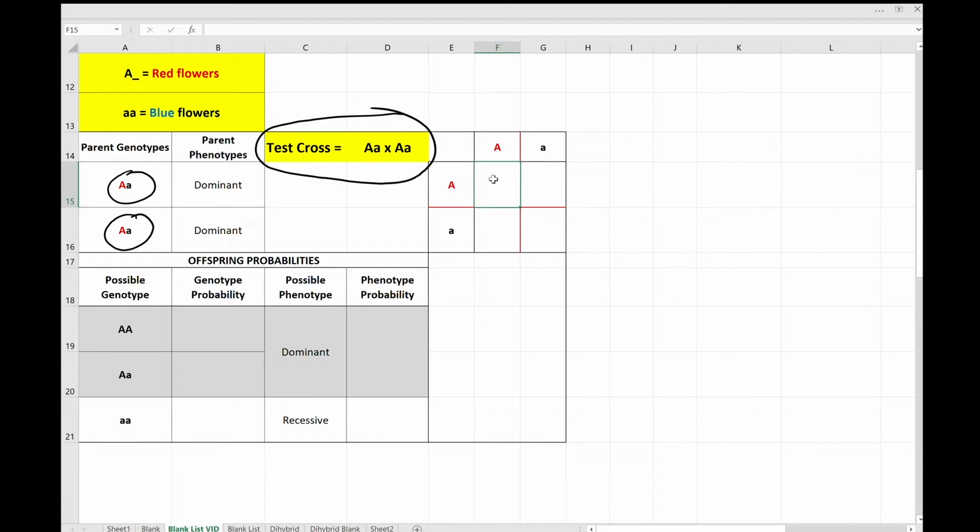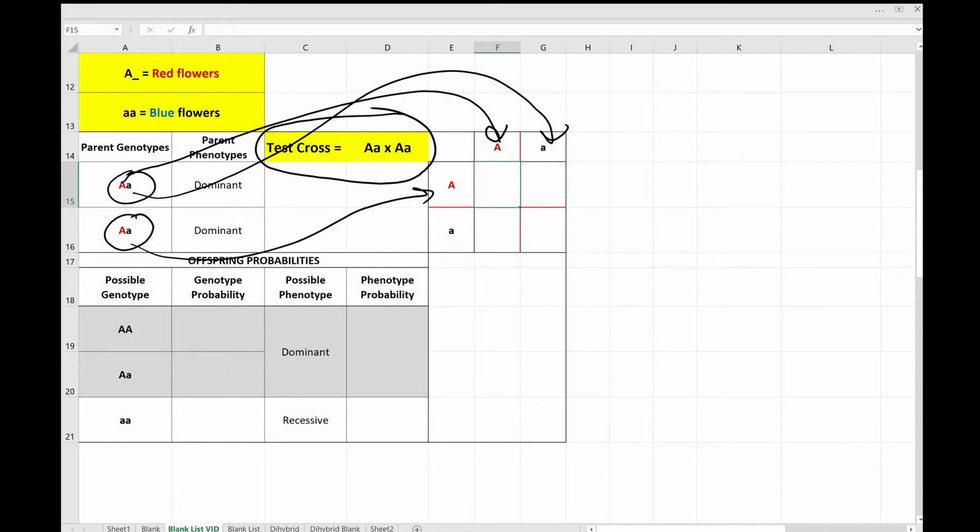When we do that, we see that the gametes of both parents offered are the same because they're both heterozygous. And when we do the cross, for the probability of having offspring homozygous dominant, we'll have to use the rule of addition to figure that out.